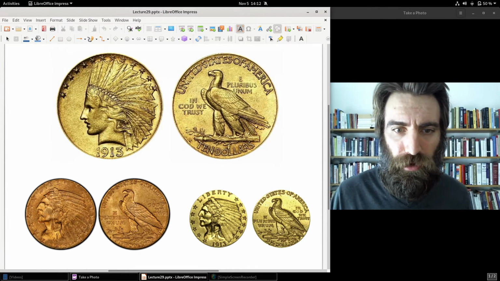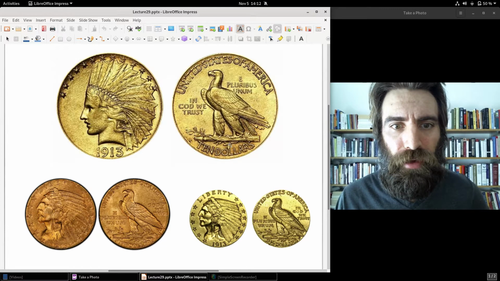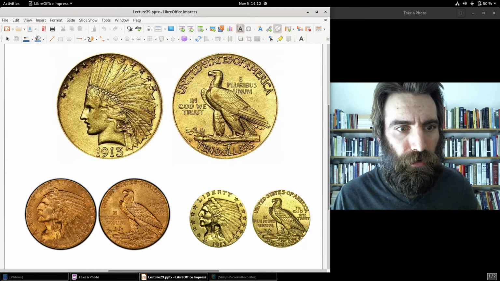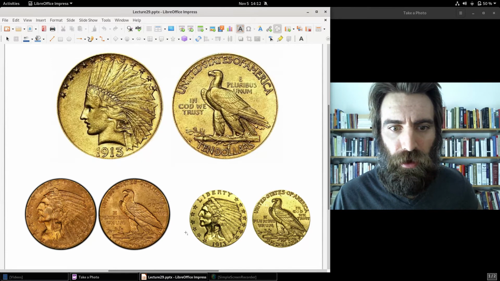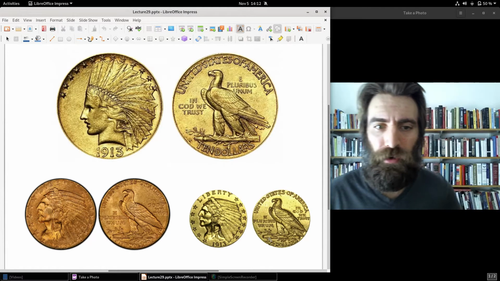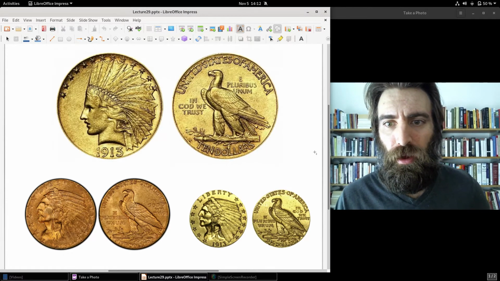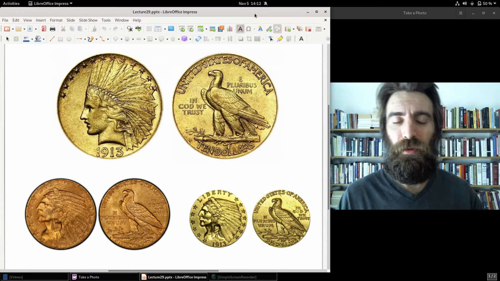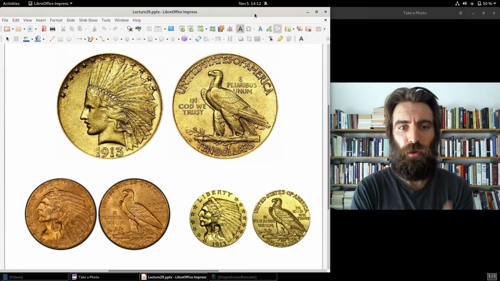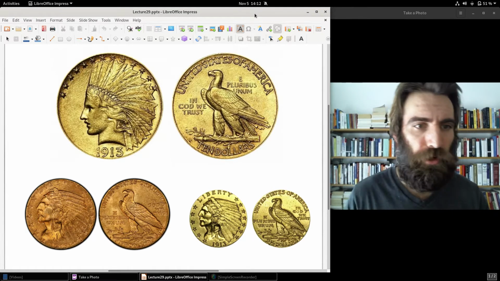All of these coins are 1913. $10. $5 coin. See the Indian head on the front of these coins. And then a $2.50 gold coin. Now, especially in this day when prices weren't nearly as high as they are today, $2.50 was a lot, so you're going to need smaller change.